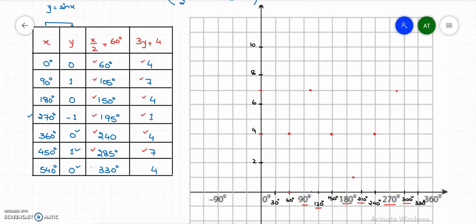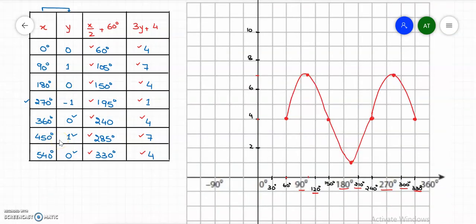Now when x is 330, the y value is 4 again, and that would be my last point, right? Let me connect all the points to get the sketch of the transformed function. After connecting all the points, we have got the sketch of the transformed sine function.